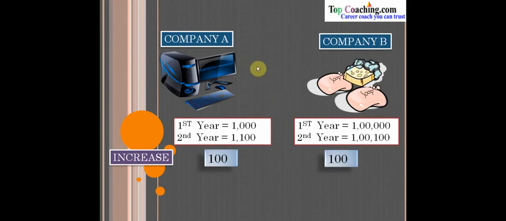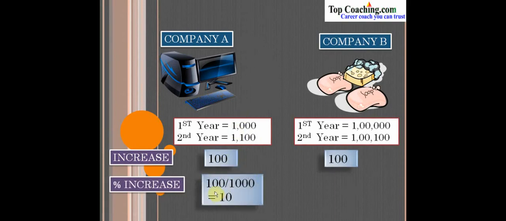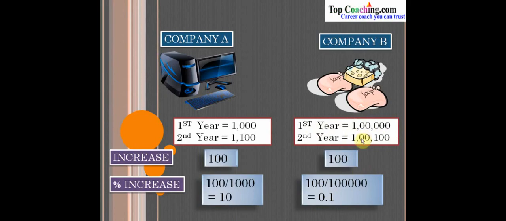But now if I want to find out which company has performed better, then what do we do? We find out the percentage increment. So the percentage increase for company A is equal to 100 divided by 1000, as the increase is 100 and the original number of PCs sold is 1000. So this percentage increase is equal to 10% for company A. And for company B, that would be 100, which is the increment, divided by the number of soaps sold in the first year, which is 1 lakh.